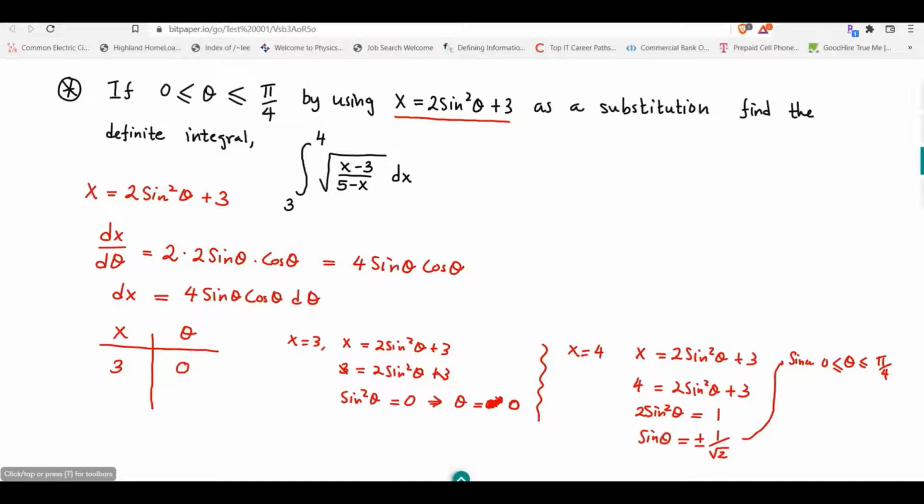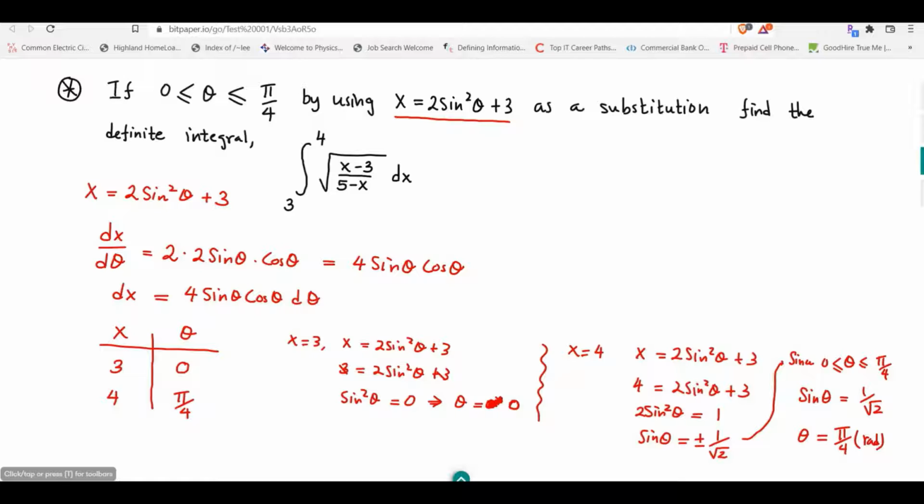As a result, I'm going to just use the positive value 1 over square root of 2, and you'll see that theta would be pi over 4, that's radians, okay? So these are all in radians. So for x equals 4, we have the angle in radians pi over 4.